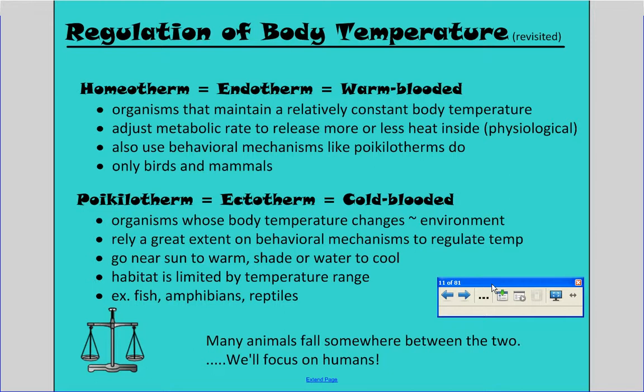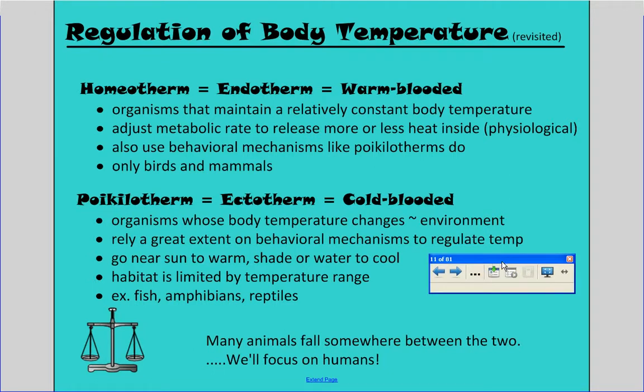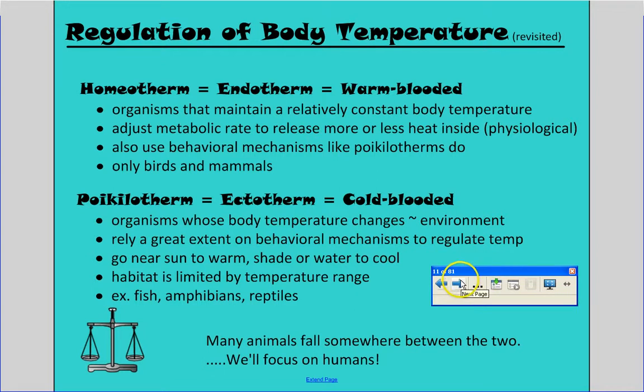So if they're cold, then they tend to go out in the sun in order to warm up. If they're hot, then they might go in the water or go find a tree to go under in order to cool off. So their habitat is kind of limited by the temperature range that they can exist in. Many animals will fall somewhere in between, but we're going to be focusing on humans since that's us.